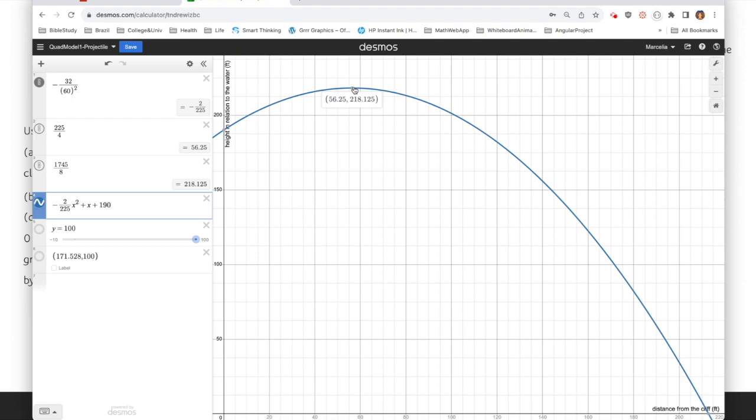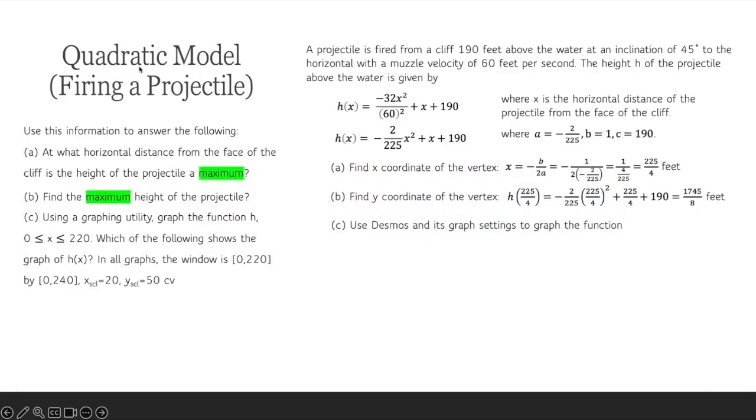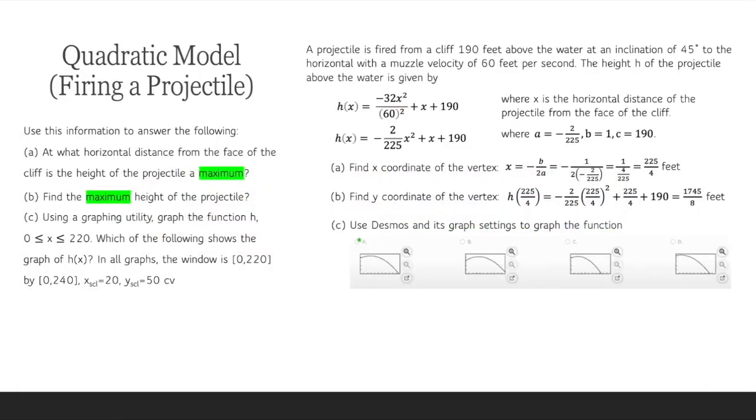And this is the information that you have to have. Now it is asking you to use Desmos or another graph utility and decide which one of these graphs is the correct answer.